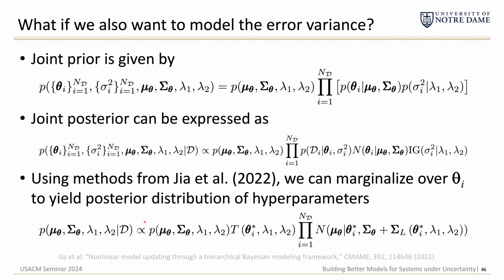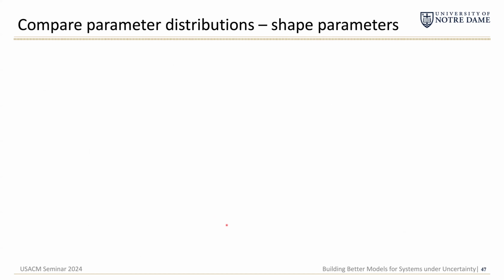And I'll admit that it is this somewhat ugly expression you see here, but we can evaluate and sample from this distribution using TMCMC approaches. So now, because this again is a marginal posterior distribution of our hyperparameters, we can evaluate this using the similar TMCMC approaches that we used before to get a sense of the uncertainty in our model prediction error variance as well.